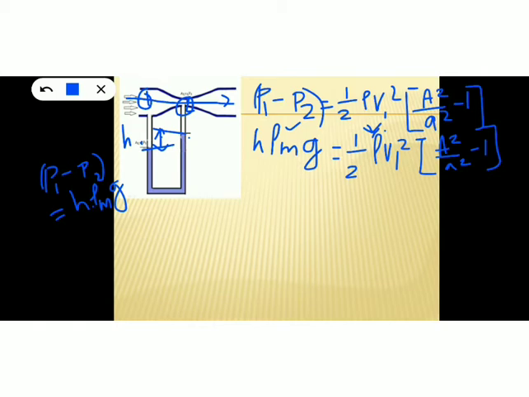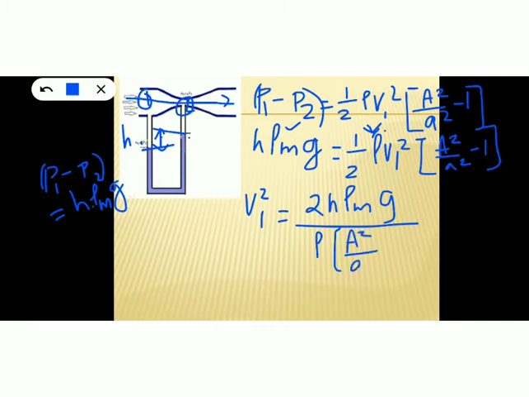On rearranging you will get V1 square is equal to 2h rho m g by rho into A square by small a square minus 1. Now from this, what is V1?